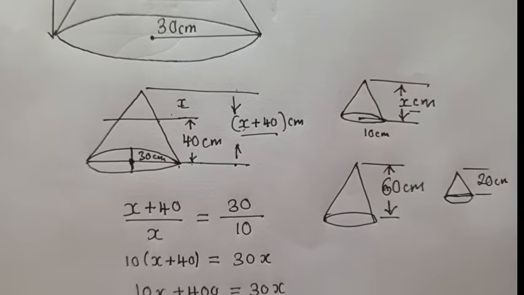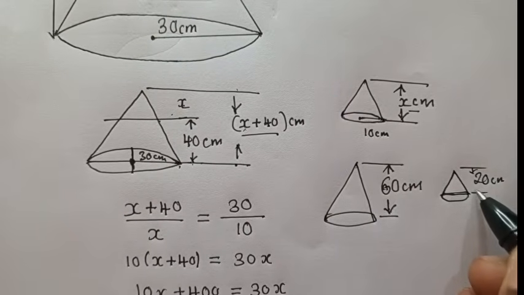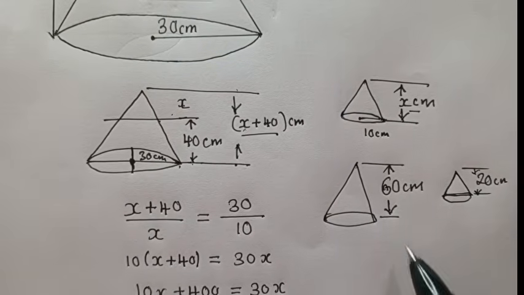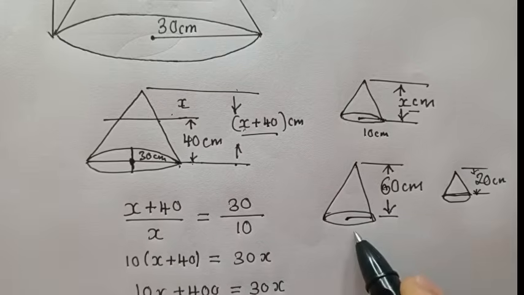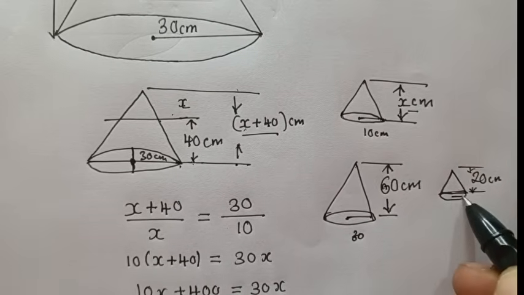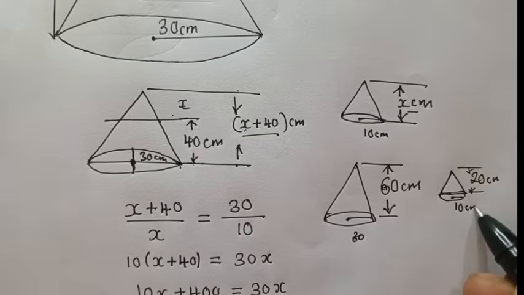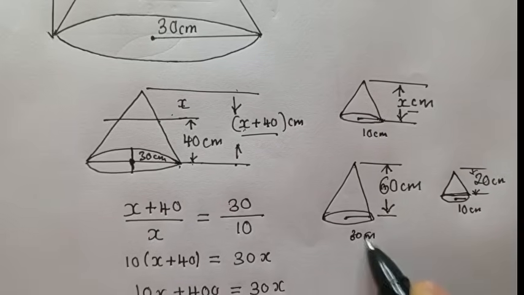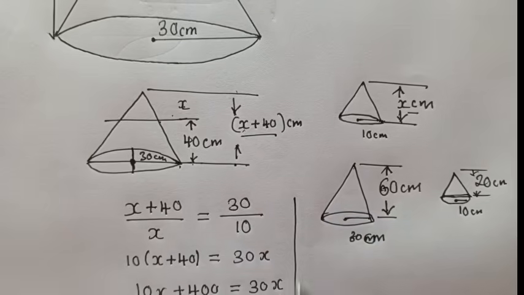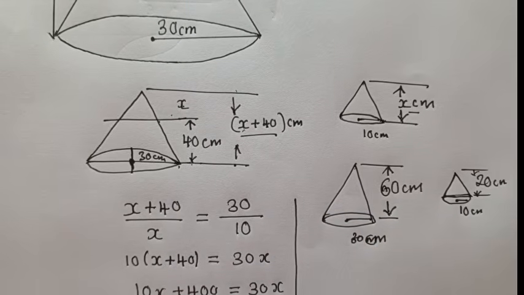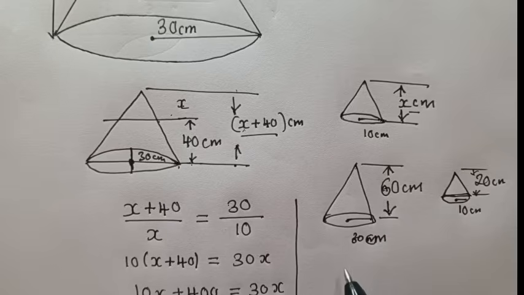The height of the smaller cone is 20 centimeters. The radius for the bigger cone is 30, and for the smaller one it's 10 centimeters. So we can now calculate the volume of the frustum.